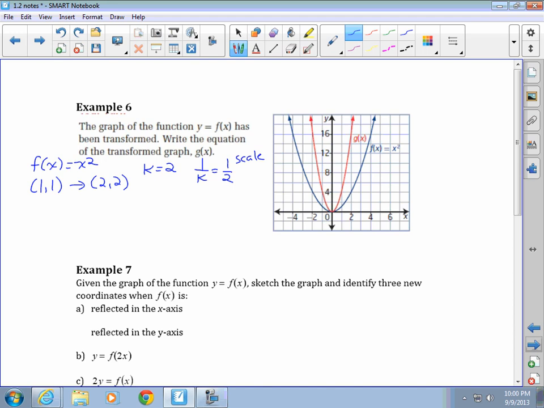Because my points here doubled, I know my k was equal to 2, and if k is equal to 2, then I have to find my scale, and the scale is always 1 over k, so it's 1/2.